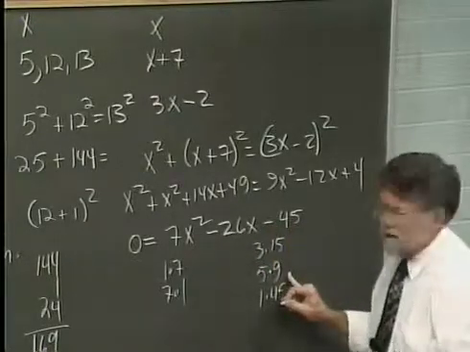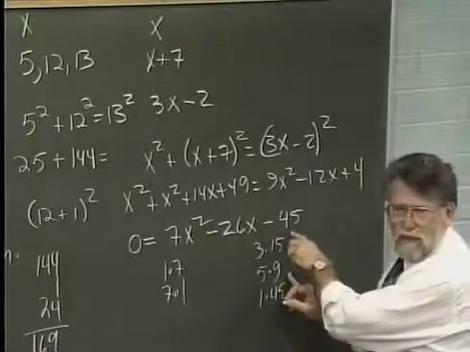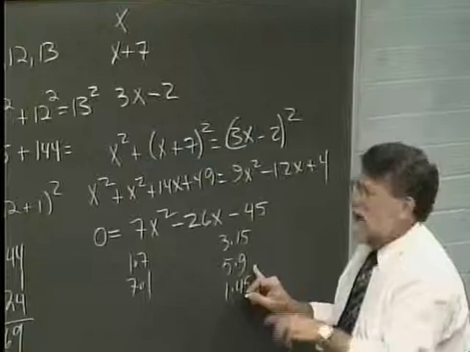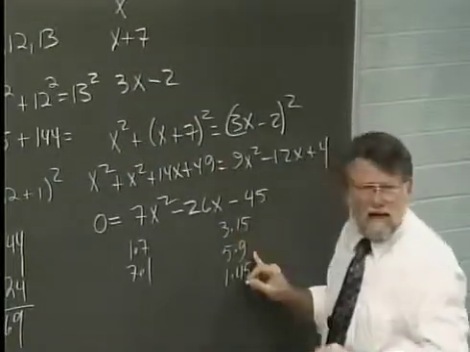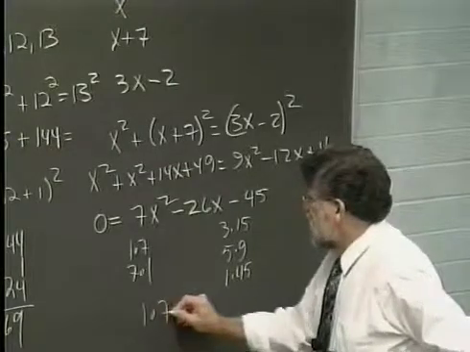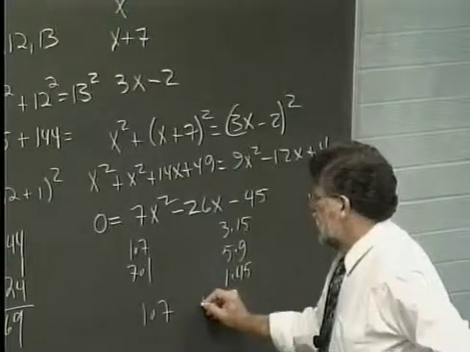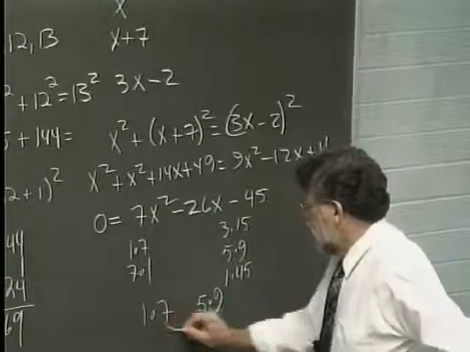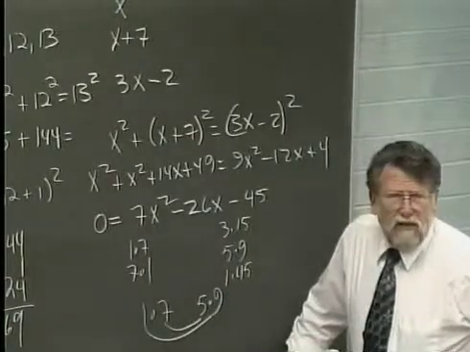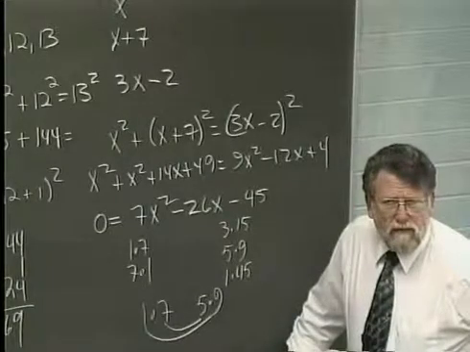Okay, let's do that again. I wanted a difference of 40. I'm sorry, I wanted a difference because I had negative 45. I must get the difference at negative 26. My argument is if I use 1, 7, and use the 5, 9, the 35 and the 9 as a difference give me the 26 I need.